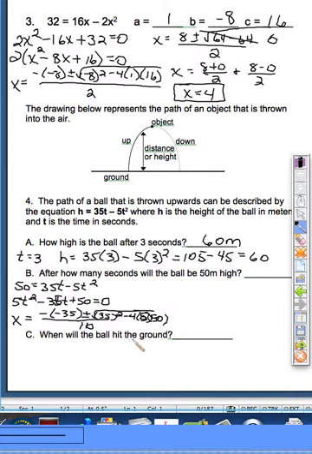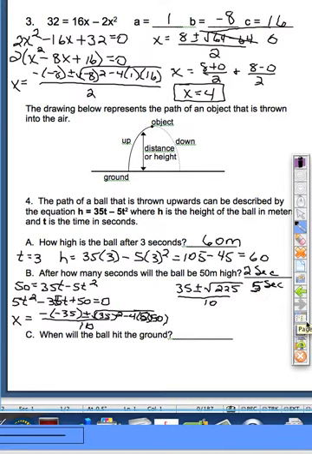So we have 35 plus or minus the square root of 225 over 10. And our answer, when we work that out, comes out to be 2 seconds and 5 seconds.